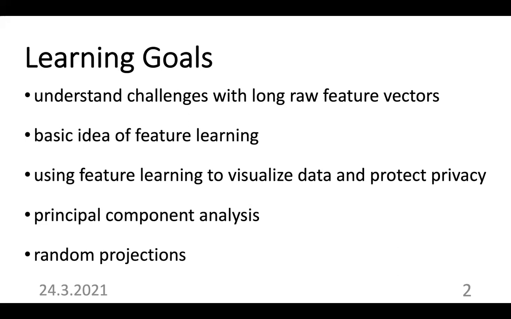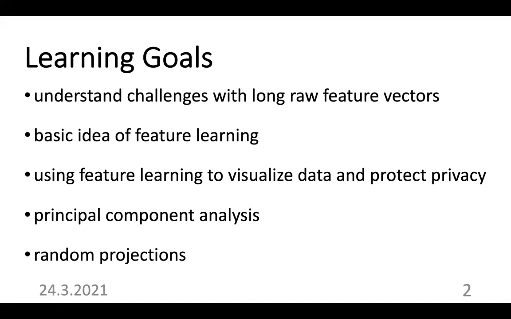Feature learning methods never add information, but they condense the information that is spread out over many raw features into a few most relevant features. So that's the basic idea of feature learning, which I will describe in more detail in a second.